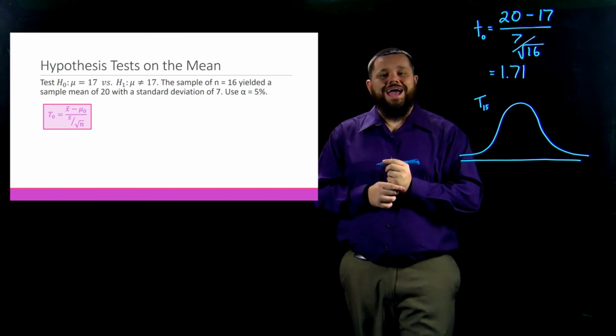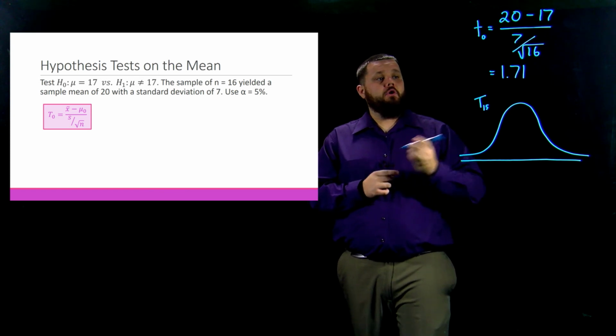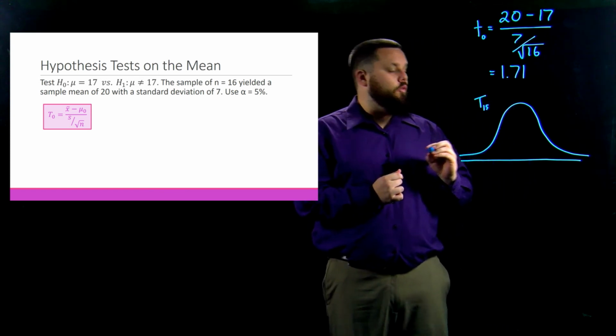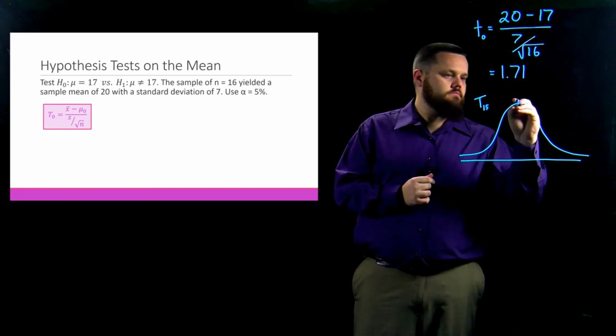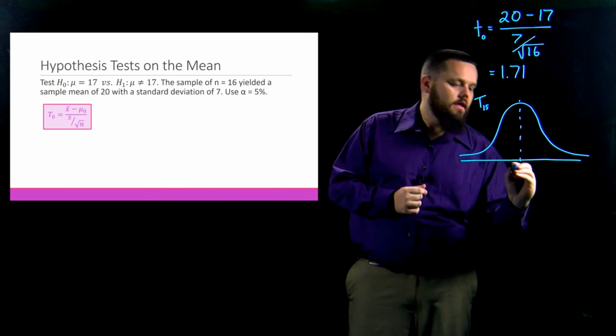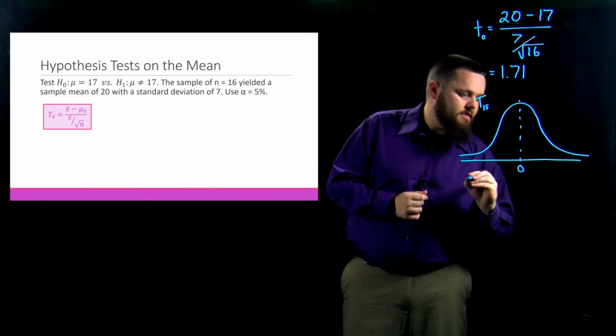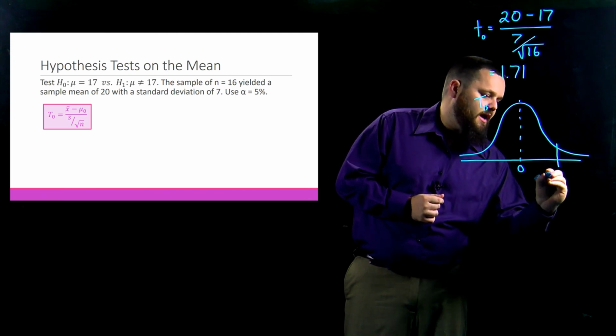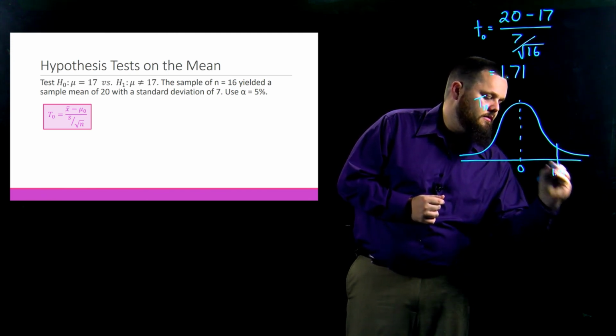To find our p-value, we need to mark off our test statistic, which is 1.71. And just to complete this, I usually like to mark off the mean, which is 0. And so over here somewhere on the right, I'm going to have 1.71.